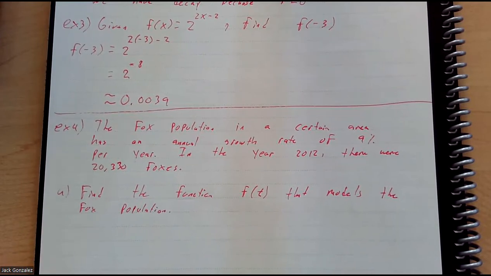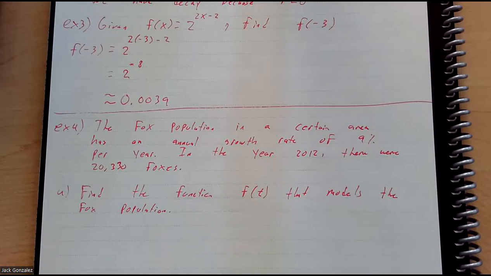Okay, so if we assume 2012 was the initial amount, the first year that we started measuring, so the initial amount would be 20,330 foxes.